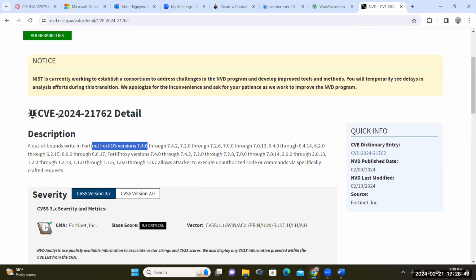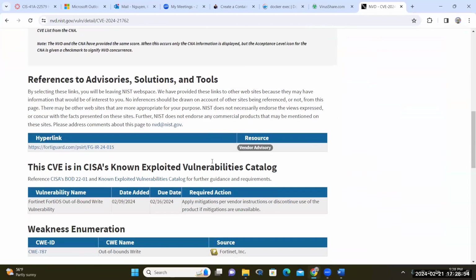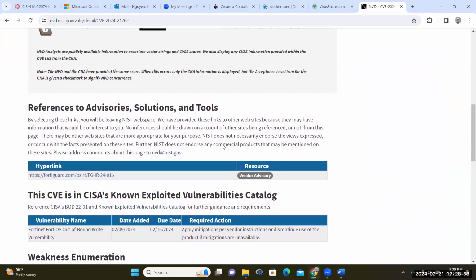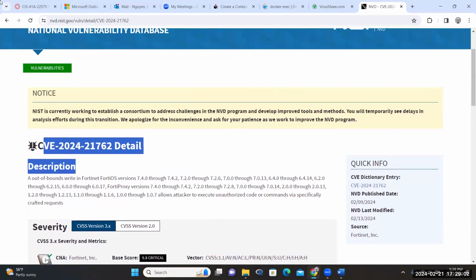Some of the general description tells you what kind of issue it has.